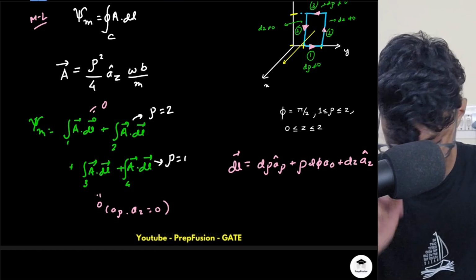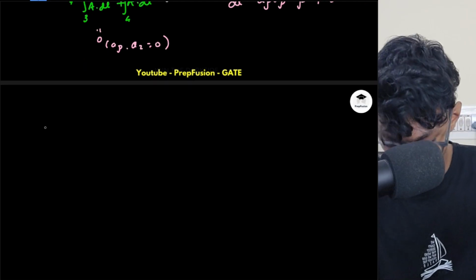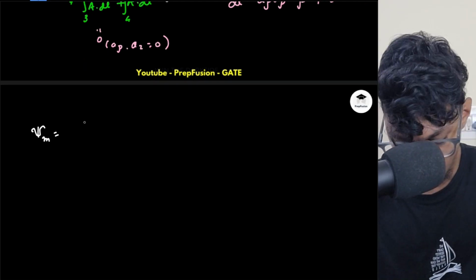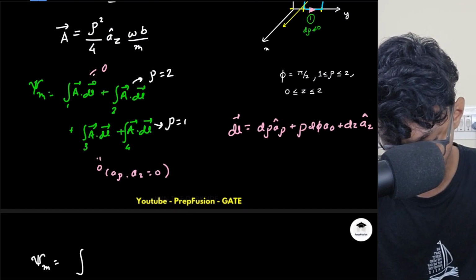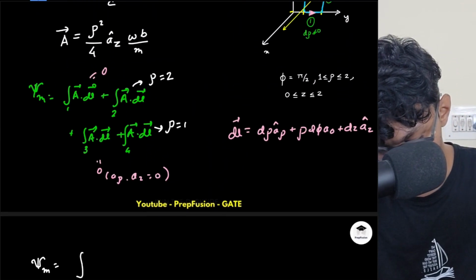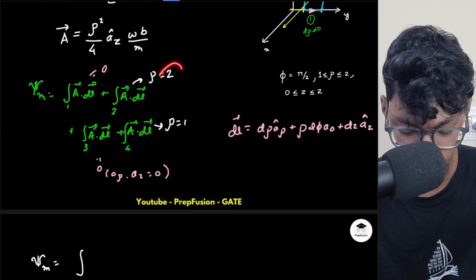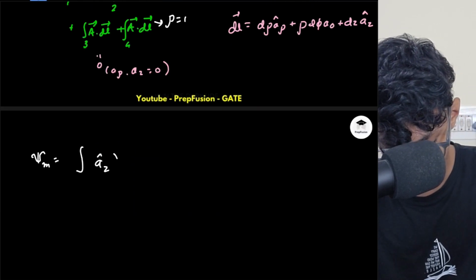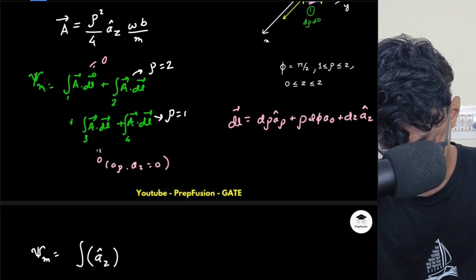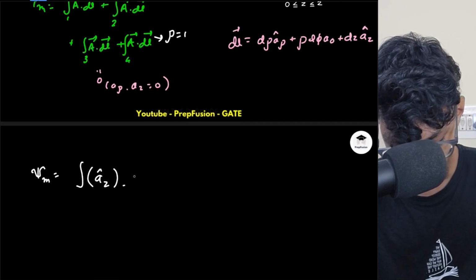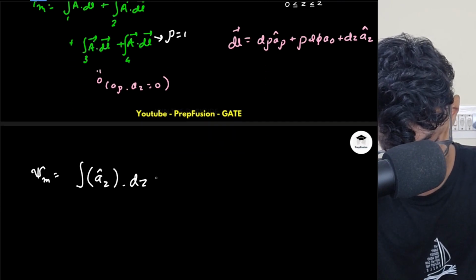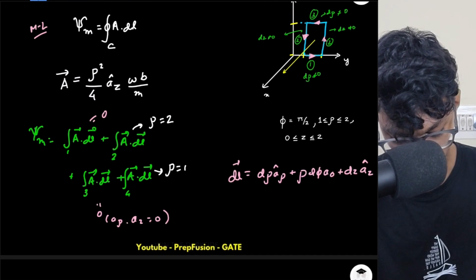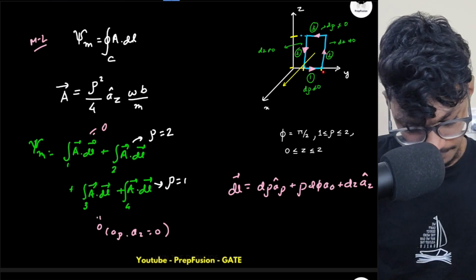So psi m will be the integration of A, which is rho cube by 4, not rho square by 4. So this is 2, 2 cube by 4 is simply 2 itself, that is az cap dot dz az cap, and z is going from 0 to 1.